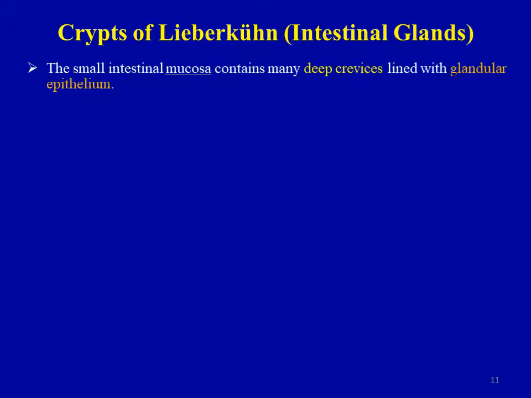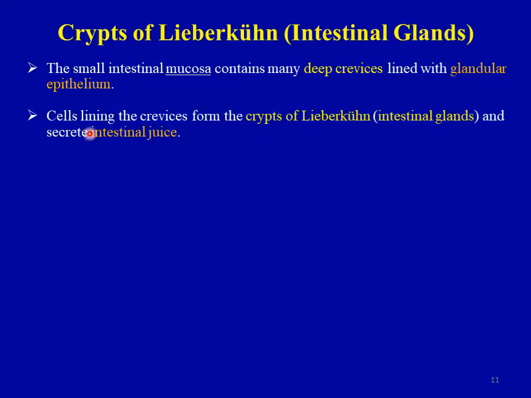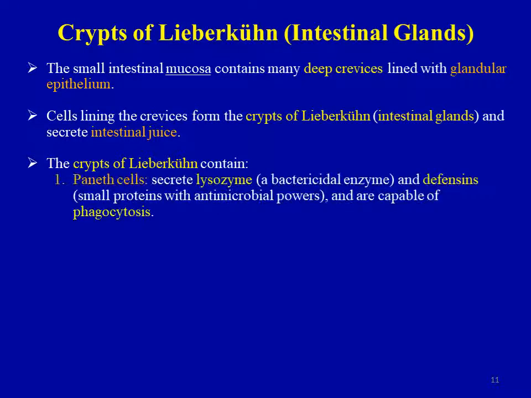So the small intestinal mucosa contains many deep crevices lined with glandular epithelium. Cells lining the crevices form the crypts of Lieberkühn, or the small intestinal glands, and secrete the intestinal juice. The crypts of Lieberkühn contain the following cells.